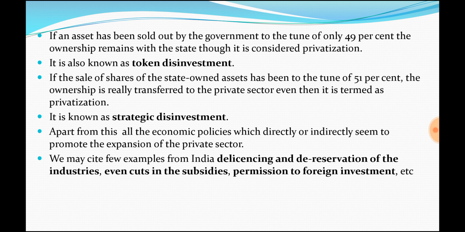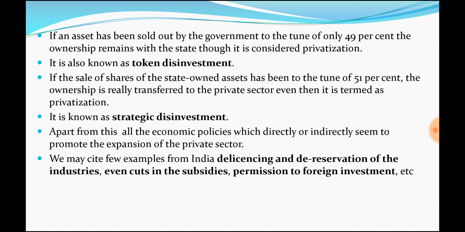This kind of disinvestment is called token disinvestment. But when the government sells the shares of the state-owned enterprise above 50%, like 51%, 70%, 90%, or even 100%, it is called strategic disinvestment.